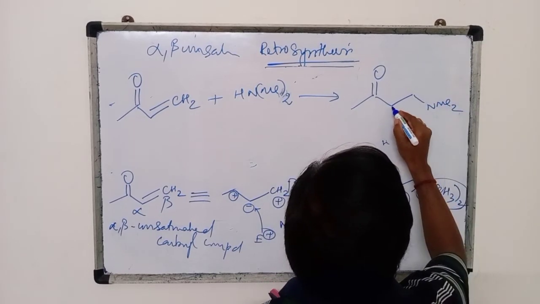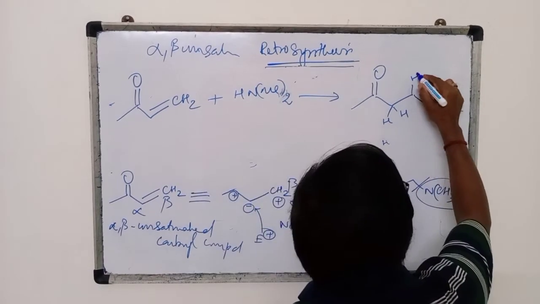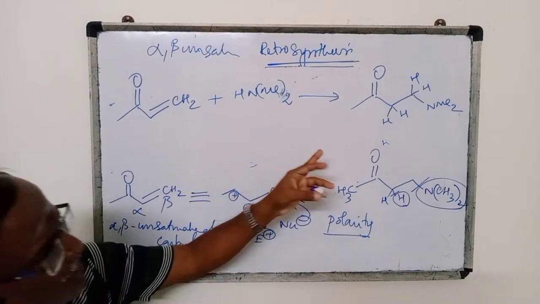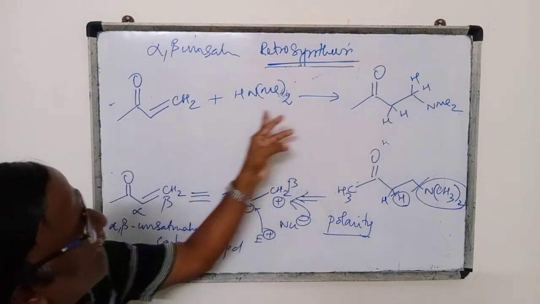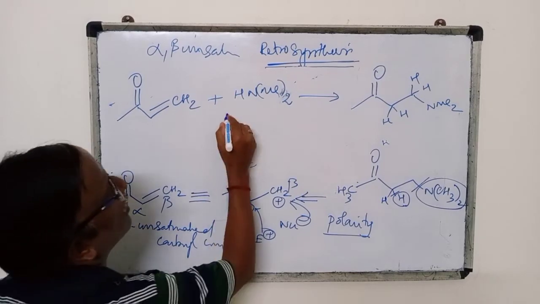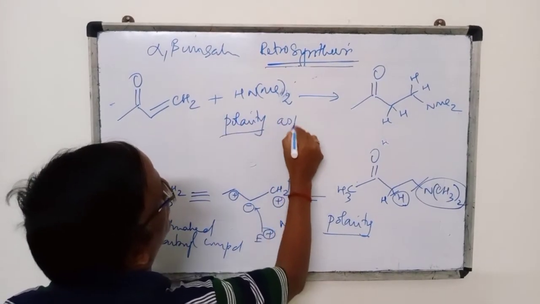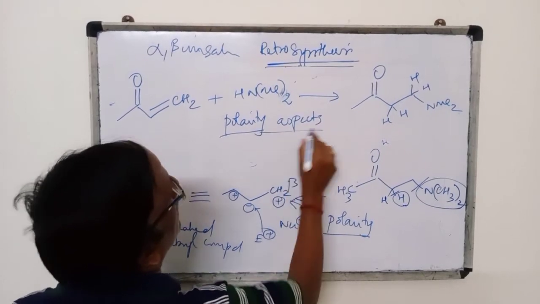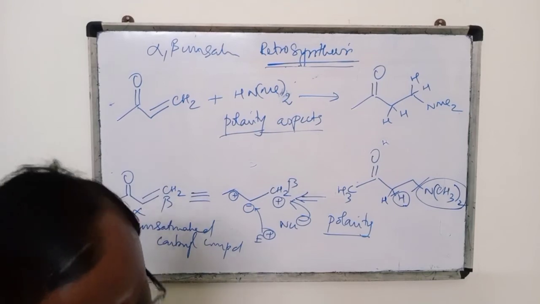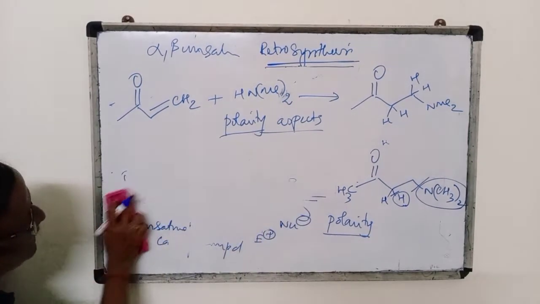Me twice, and hydrogen gets added here. Over. So you have two hydrogens over here. Whenever you get this kind of monofunctional carbonyl group having an unsaturated system, one can always go for the polarity aspects, where you see whether alpha is going to be negative, positive, etc. Now one can also generalize this.